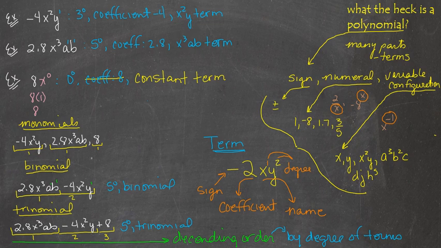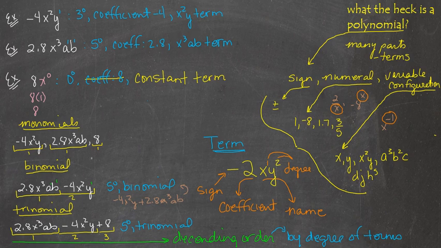So the degree comes from the highest degree monomial, the one that's written in the front when you write it in descending order. So for example, if I had written negative 4x squared y first, plus 2.8x cubed ab, this would still be a 5-degree binomial.